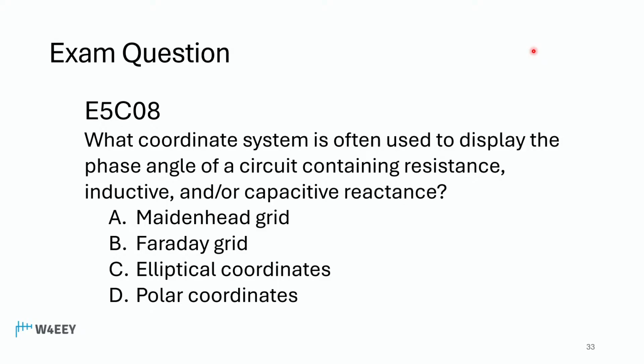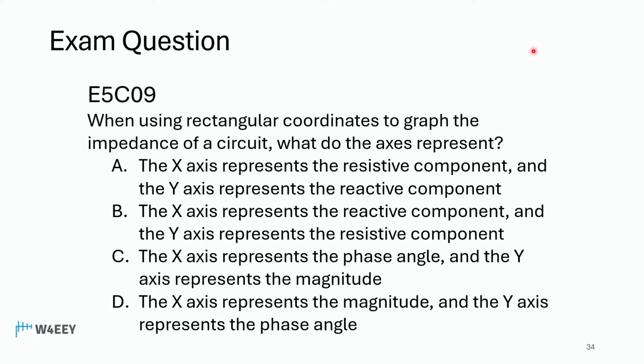What coordinate system is often used to display the phase angle of a circuit containing resistance, inductive, and/or capacitive reactance? Delta. Delta, polar coordinates. Yep. Anytime angle is there, it's polar. When using rectangular coordinates to graph the impedance of a circuit, what do the axes represent?